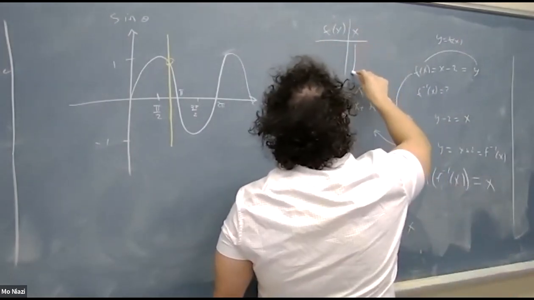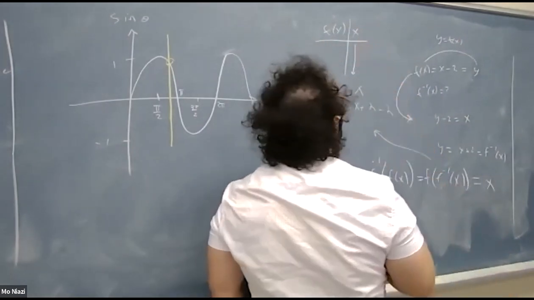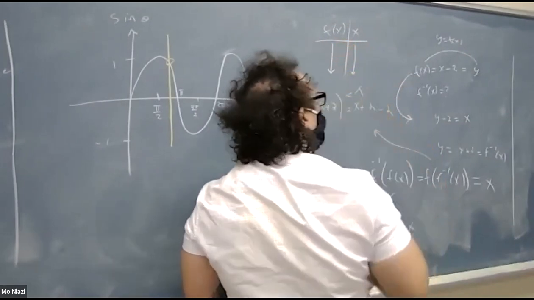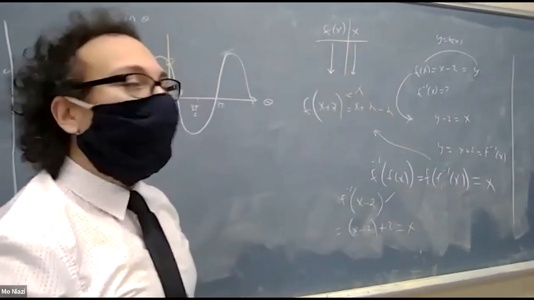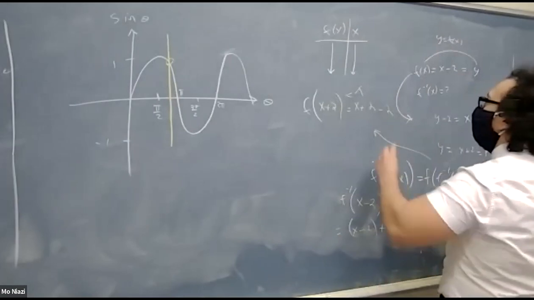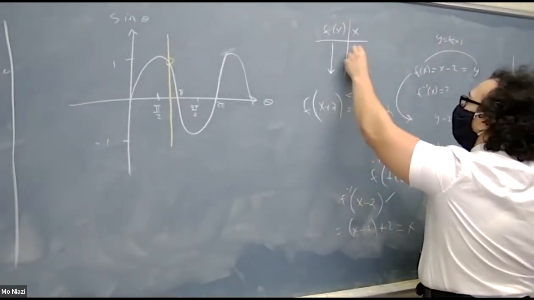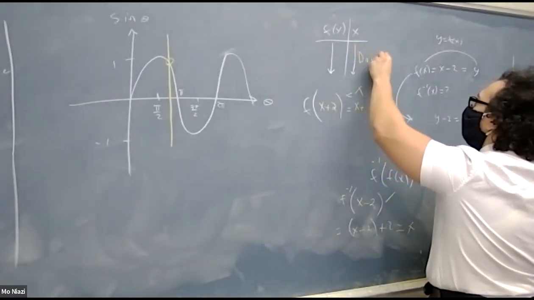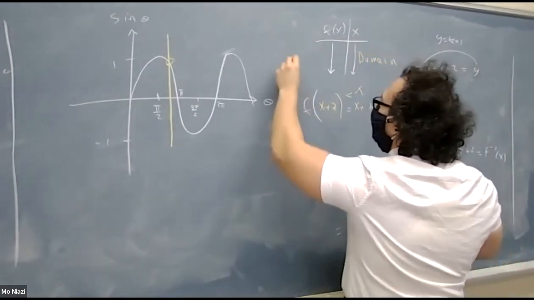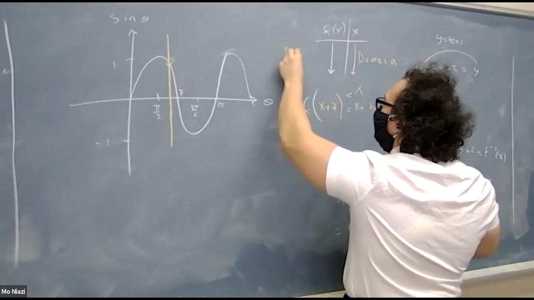All of the what? The inputs, right? What goes down in this column? All of the what? Outputs, right? What is the fancy math term for inputs that work? Yeah. And what is the fancy math term for outputs that work? Range. Yes.